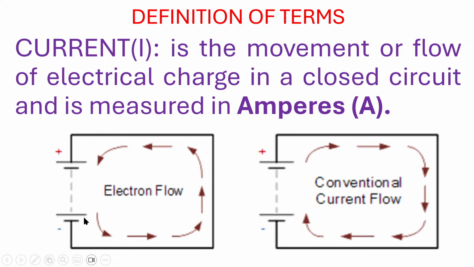So you can see the flow of electric charge in this particular circuit. As we said earlier, electrons actually flow from negative to positive, but we are going to accept the conventional method, that is current flows from positive to negative. The unit of measuring current is the ampere, and the instrument used for measuring the current flow in the circuit is an ammeter.